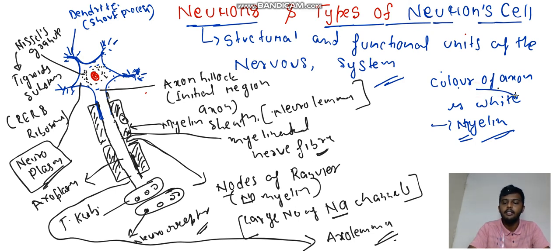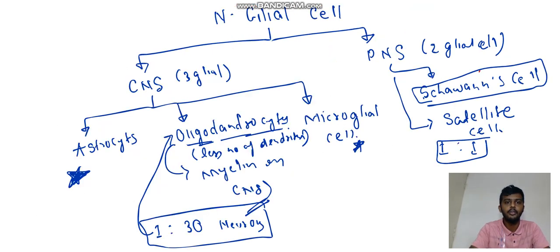And as I already told, the myelin sheath helps in the conduction of impulses very fast. We also call dendrites the short processes, but the axon is called the long process. Axon is the long process.